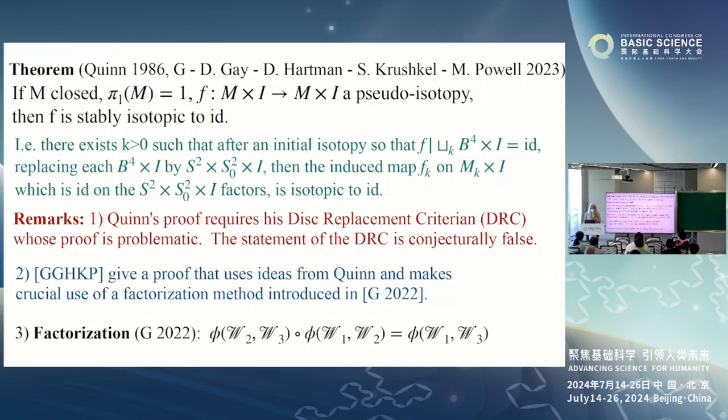His theorem is that if you have a diffeomorphism of a simply connected manifold and a pseudo-isotopy of it, then in fact the pseudo-isotopy is stably isotopic to identity. I've sort of said the words for what it means, but you can imagine now you have this M cross I and just a little point cross I with a diffeomorphism identity, and you connect sum some S2 cross S2 cross I.